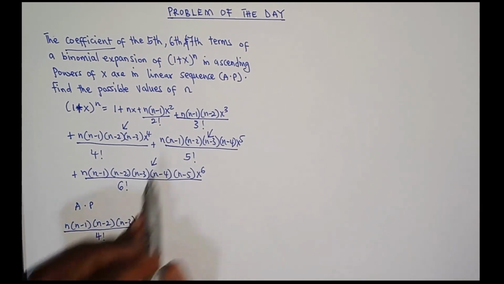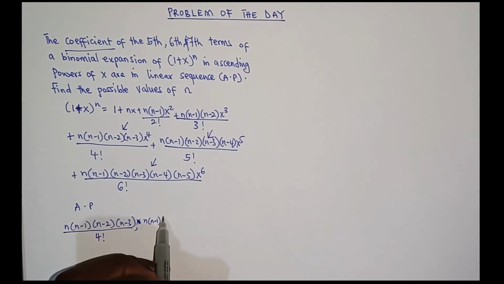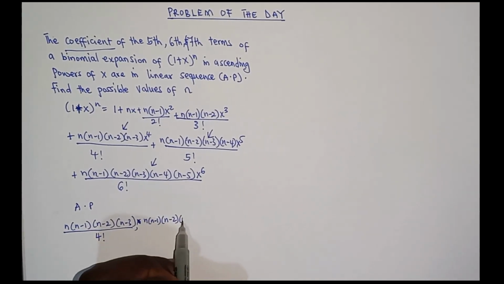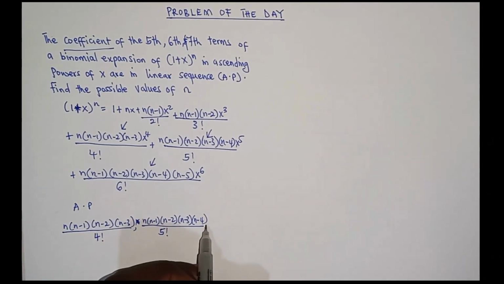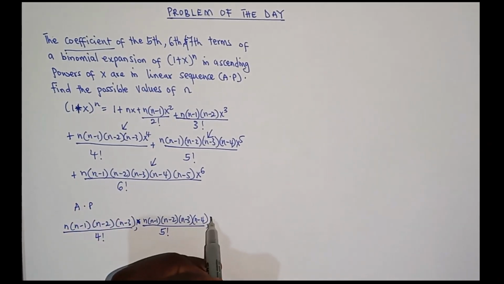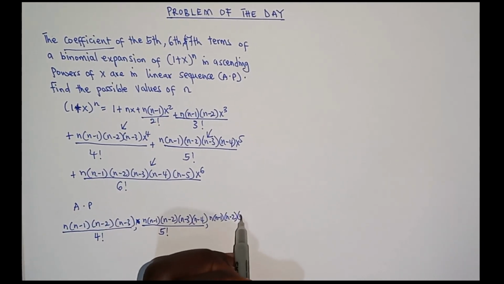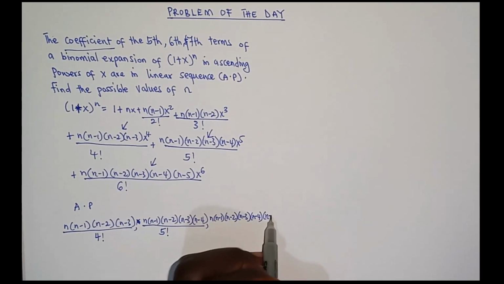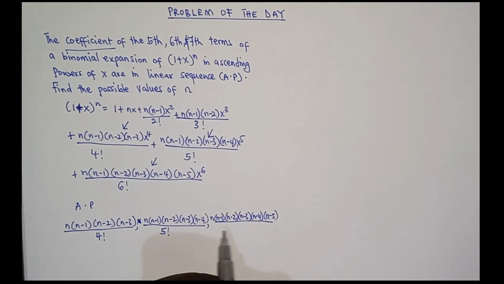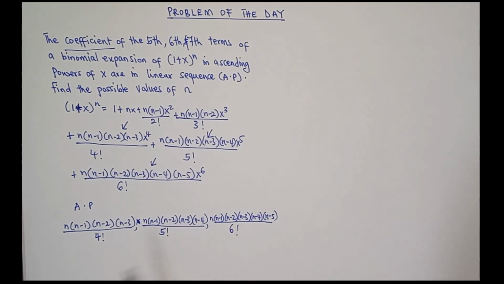Then the second term is n(n − 1)(n − 2)(n − 3)(n − 4) divided by 5!. And the last term is n(n − 1)(n − 2)(n − 3)(n − 4)(n − 5) divided by 6!. So you can see that there is a common term between them.